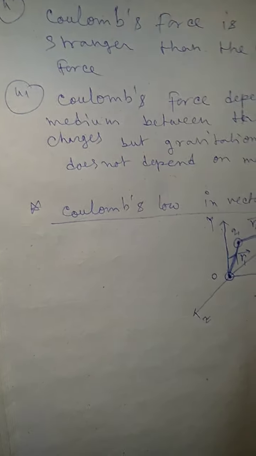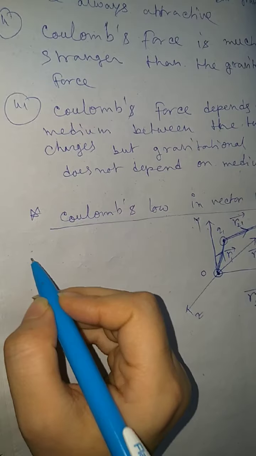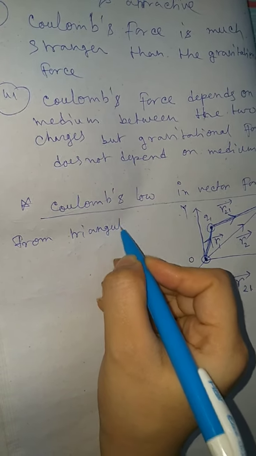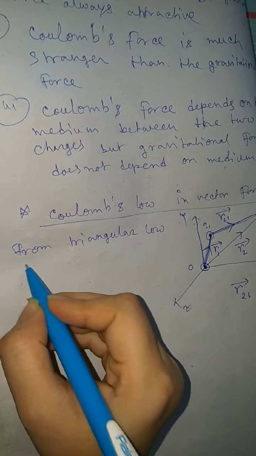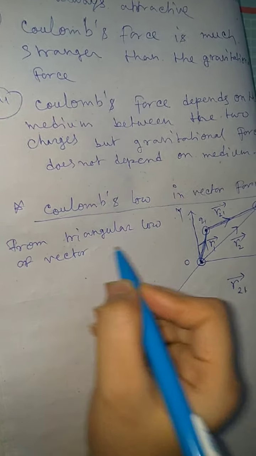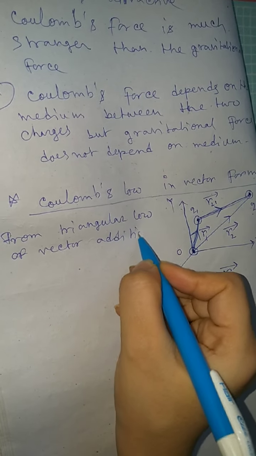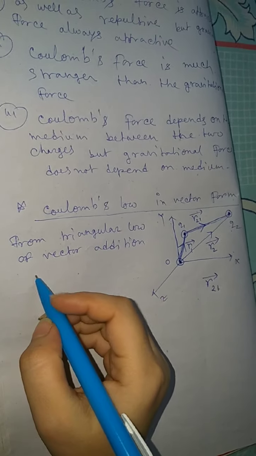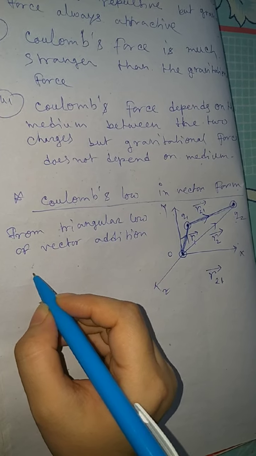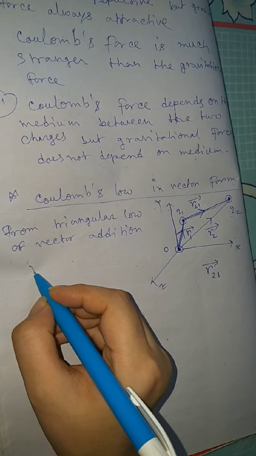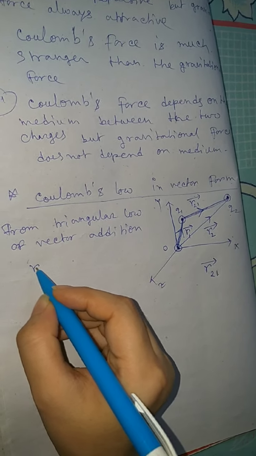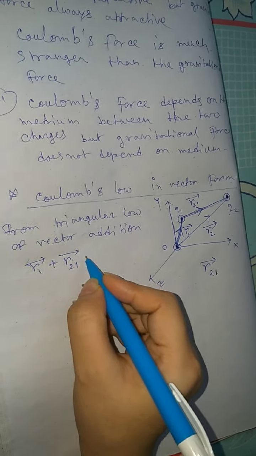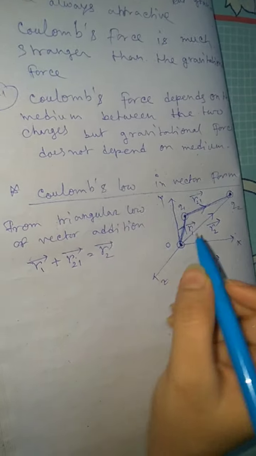So here, from triangular law of vector addition, we can write R1 vector plus R21 vector equals to R2 vector, right?